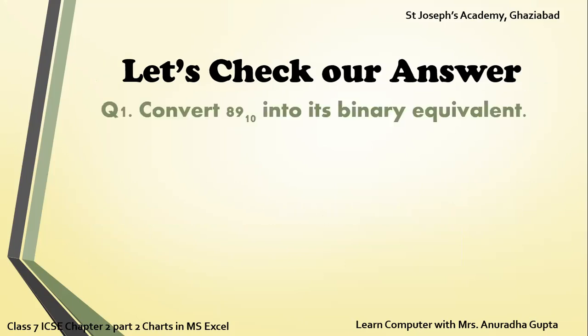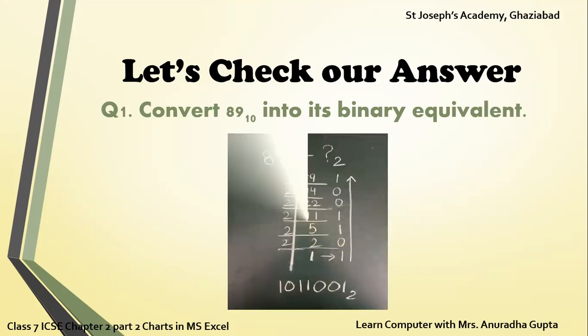Let's check our answers. In the first question, as they asked to convert 89 into its binary equivalent, after conversion we will get 1011001 as the binary equivalent of 89.